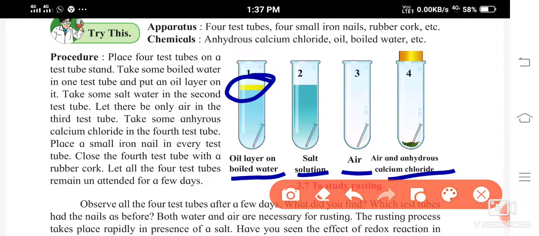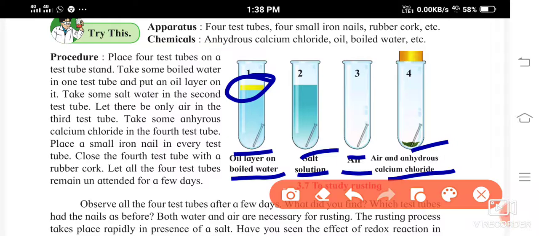In the first test tube you have taken boiled water, and on that you have added a layer of oil. In the second test tube you have taken salt solution. In the third test tube you have taken only air. In the fourth test tube you have taken anhydrous calcium chloride.